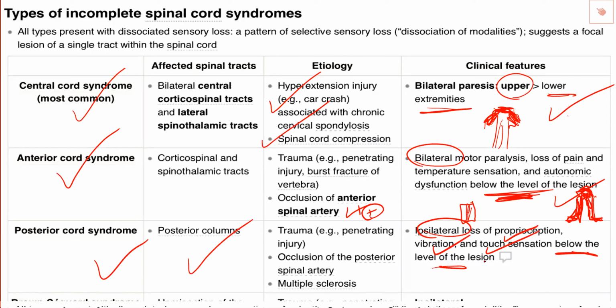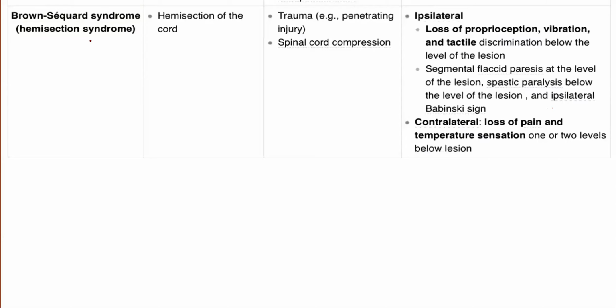No motor affection because it is posterior cord syndrome, posterior one-third only, caused by trauma, occlusion of the posterior spinal artery, and multiple sclerosis.